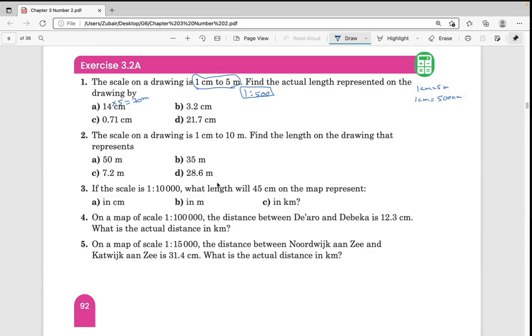But if the concept is not clear, we can discuss the basics again. These questions should take seconds only.